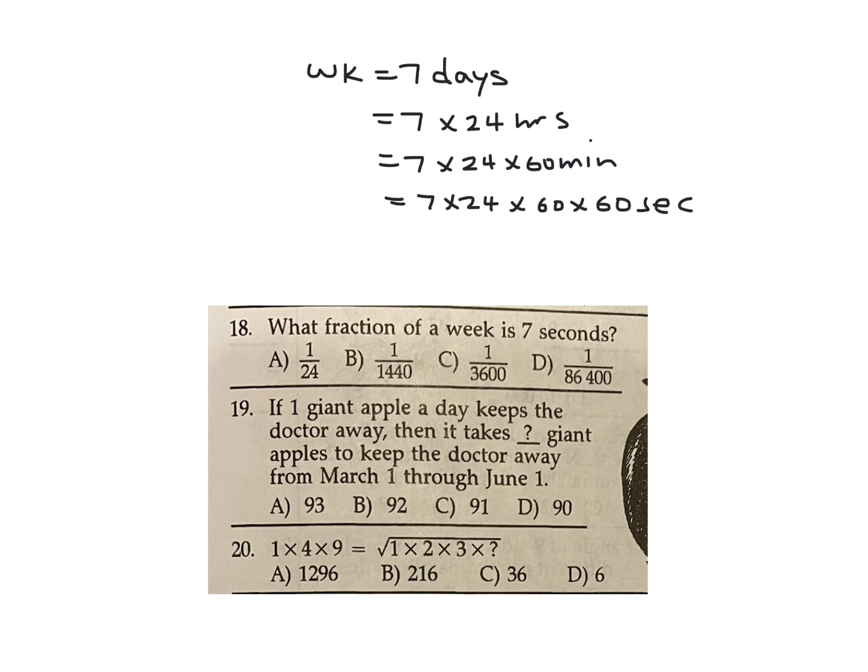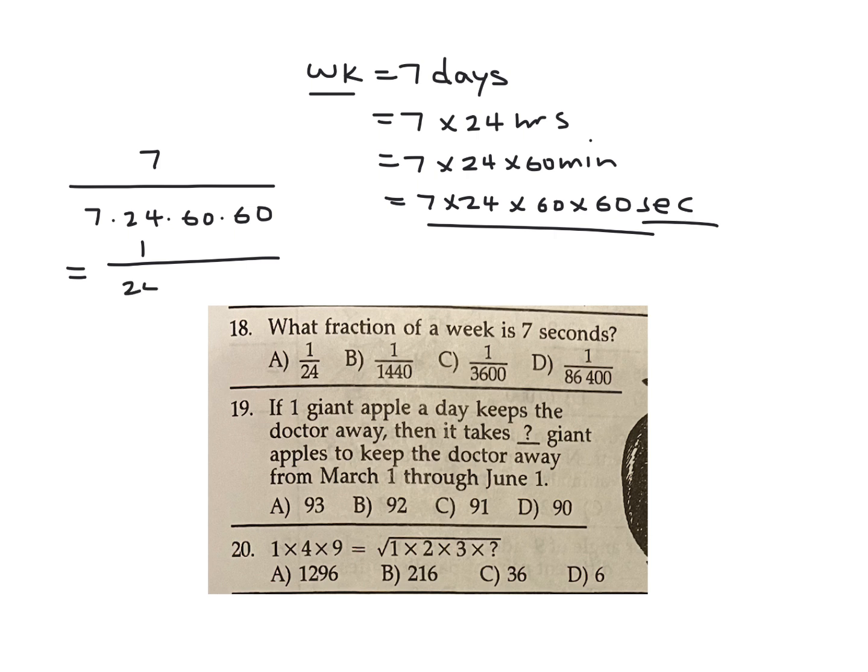So that's how you go from week to seconds. So they're saying we have 7 seconds and we're dividing by this whole number, 7 times 24 times 60 times 60. Well, the 7s cancel, so then you're just left with 24 times 60 squared. And I believe that number would be 86,400. So that would mean the answer is D.